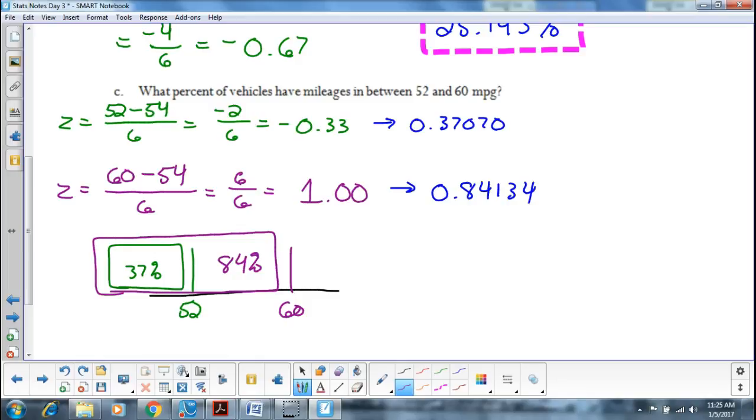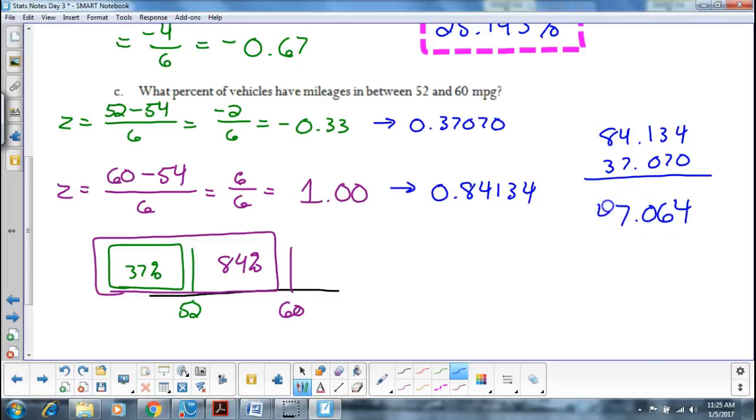So what am I going to have to do with those percentages? Subtract them. So 84.134 minus 37.070 gives me 47.064% lies in between.